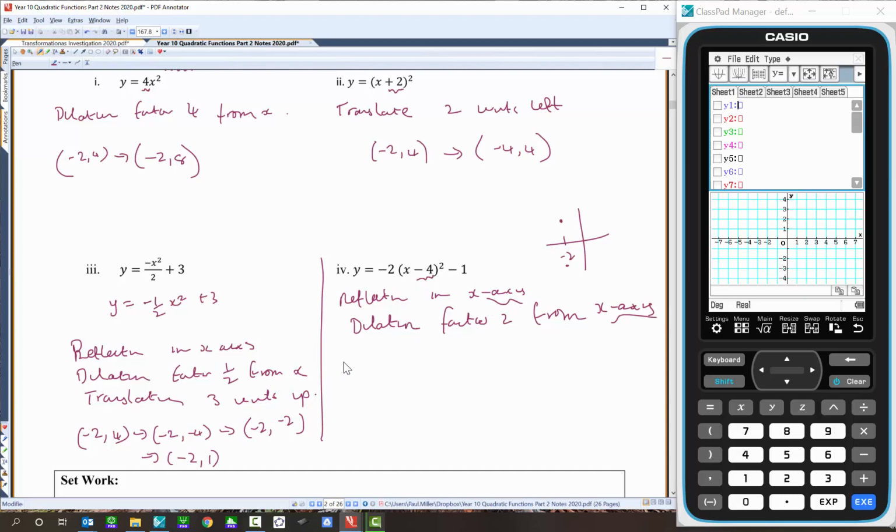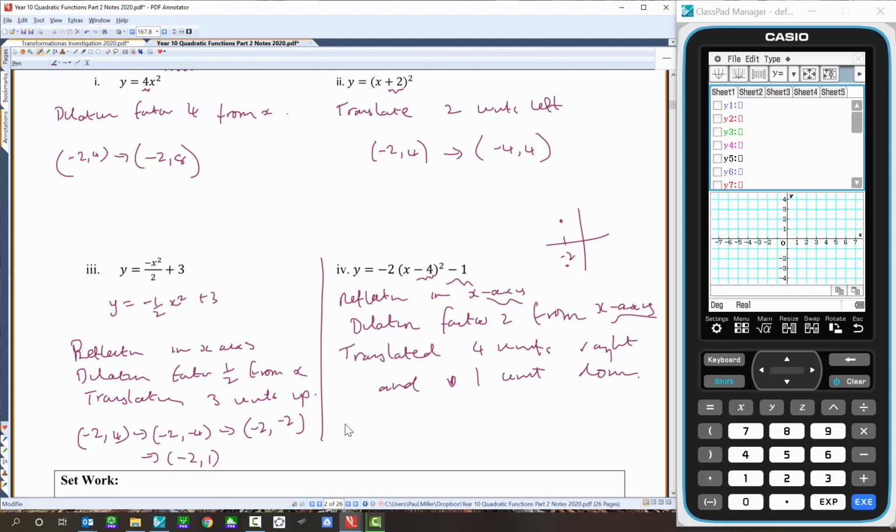This one is translated 4 units right, and this one 1 unit down. The negative 1 brings it down, but it's this h value here. If it's take 4, that's going to send it 4 units to the right.